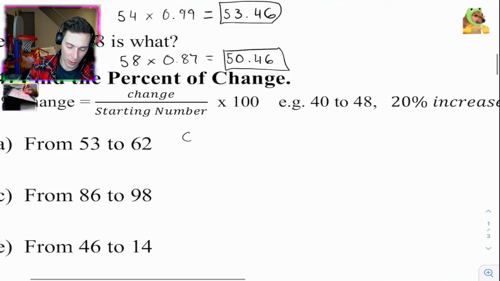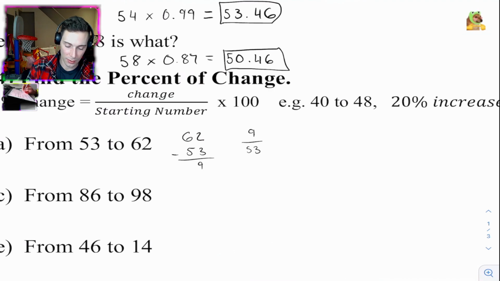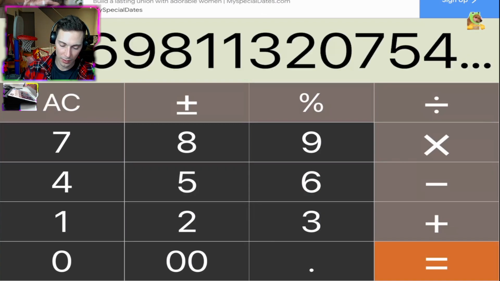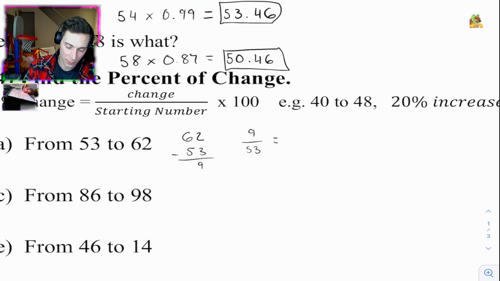Larger number minus smaller number is equal to 9. 9 is our difference, our change, and 53 is our starting number. 9 divided by 53 is about 0.17 as a decimal.